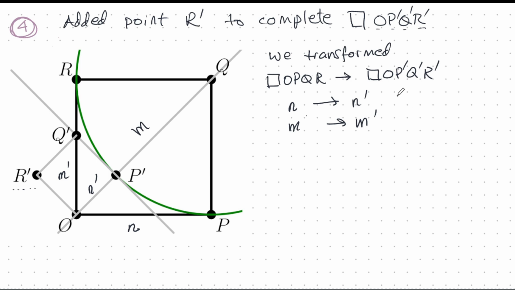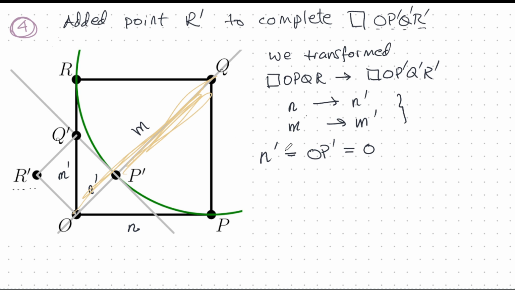So let's calculate this transformation of these dimensions. First of all, n prime is equal to this thing here. That's the same as OP prime, but I can rephrase that as the long diagonal minus this piece here.